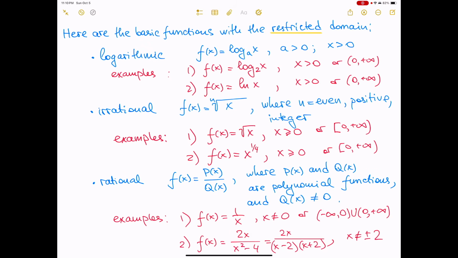Since x equals 0 makes the denominator equal to 0, x equals 0 is not allowed, which restricts the domain to intervals from minus infinity to 0 and from 0 to plus infinity. Another example of a rational function is f of x equals 2x divided by x squared minus 4. Because x squared minus 4 is equal to 0 at 2 and negative 2, those two values of x are not allowed in the domain of the function.